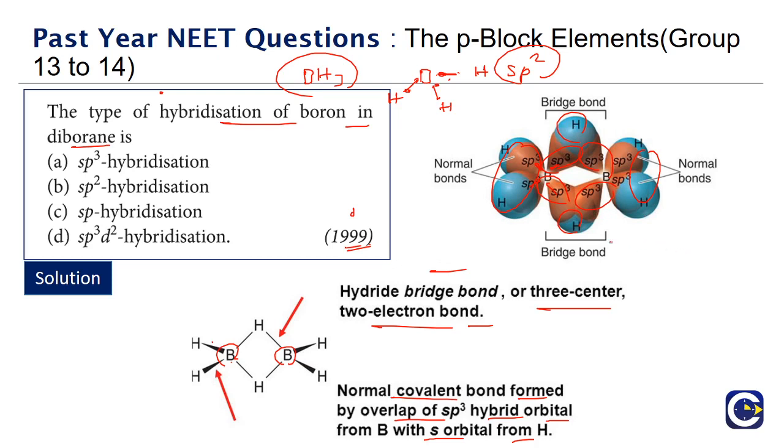The hybridization of boron is sp3, where all 4 hybrid orbitals participate in bonding. For every boron, 2 sp3 orbitals are used for the normal boron hydrogen bonds, and the other 2 sp3 hybrid orbitals are involved in the 3-centered 2 electron bond.